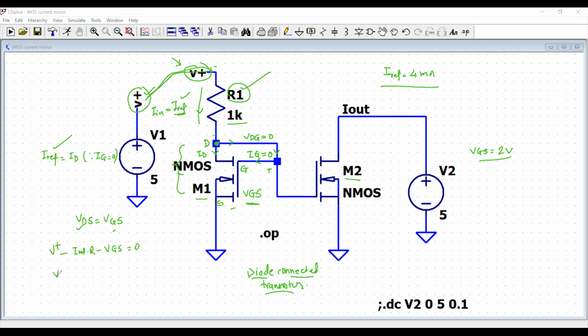For example, V plus is 5 volt, and the current is your 4 milliampere requirement. So 5 minus 2 equals I reference times R.